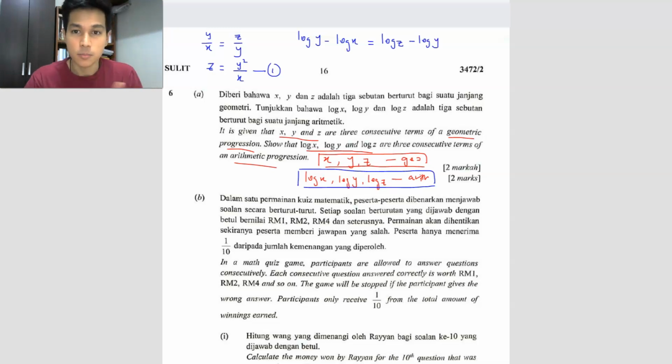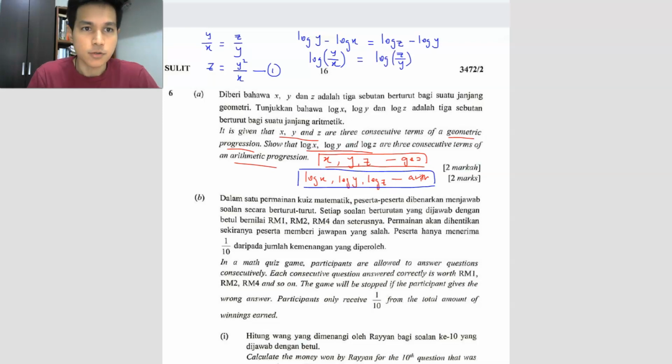So geometric is common ratio, arithmetic is common difference. Now, we know the property of log when there is minus: it becomes divide. So you have log y over x equals log z over y.